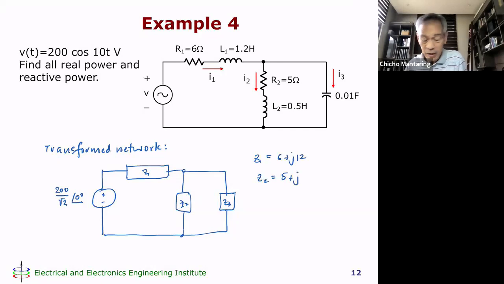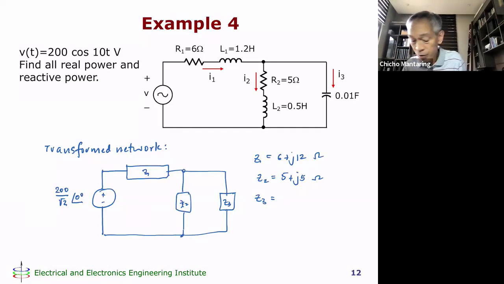By the way, these are ohms. And Z3 is equal to minus j over omega C. Omega C is 10 times 0.01, so that's 0.1. You get the reciprocal of that, that's 10. So this is minus j10 ohms.